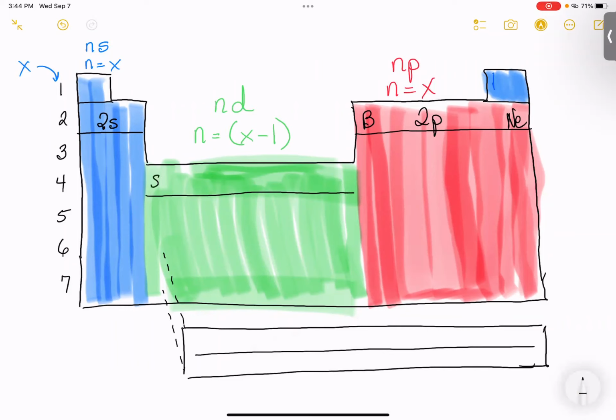So if you're looking at scandium over to zinc, they are in period 4. So they would be in the 4 minus 1, or in other words, they're in the 3D. Their last electron is in the 3D subshell.